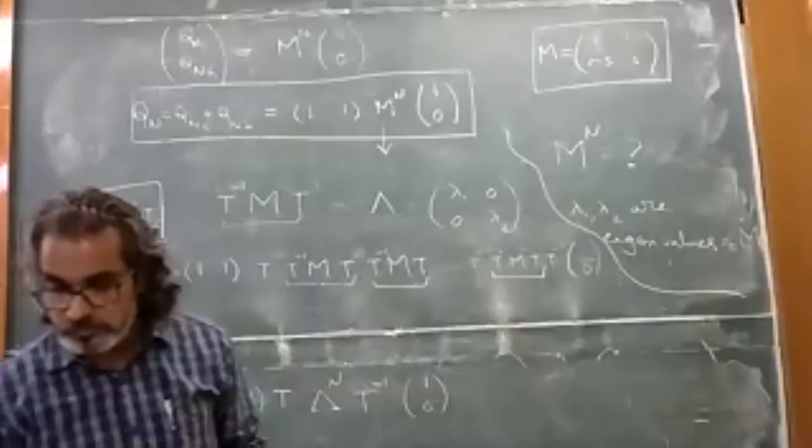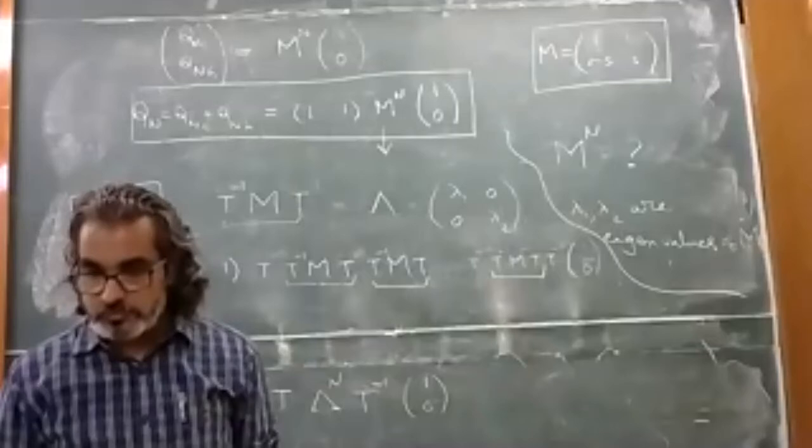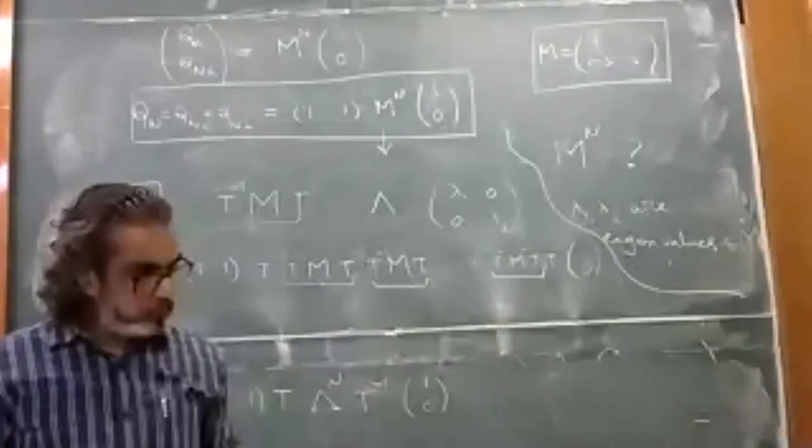See, you have your original matrix M. Each time, you have to multiply M. It will be easier if you have only diagonal elements.